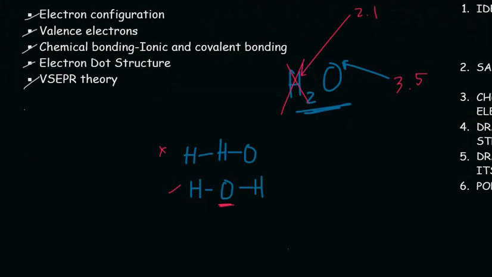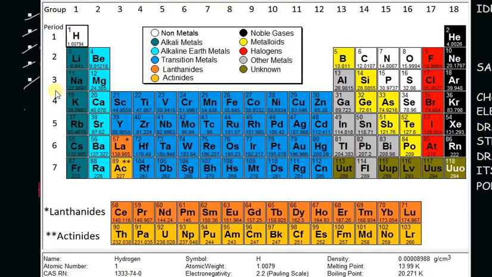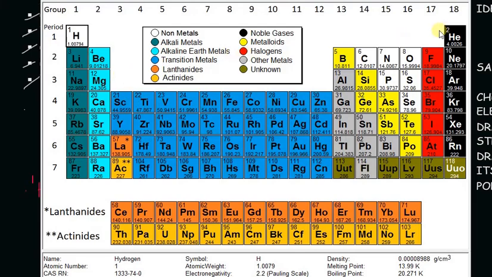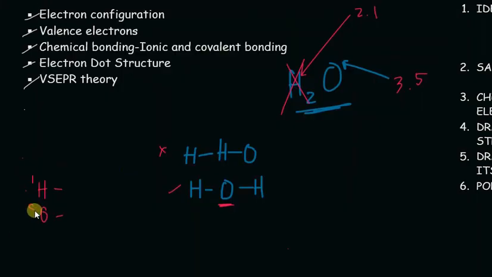Okay, so for us to better understand this molecule, let's start with its electron configuration. The electron configuration simply shows how the electrons are arranged inside the atoms. So for example, hydrogen, then we have oxygen. Hydrogen has how many electrons? That's one electron, one valence electron. Next, oxygen has eight electrons.